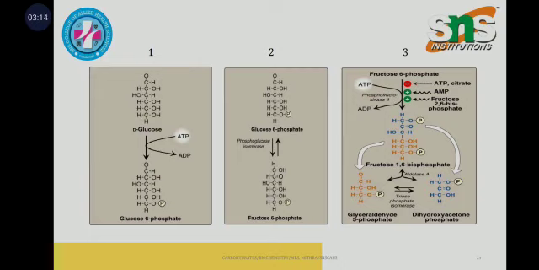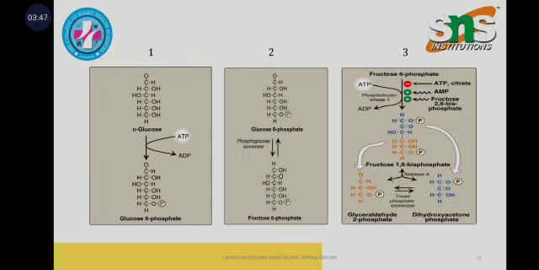First, glucose is converted into glucose 6-phosphate by the action of the enzyme hexokinase, where ATP is converted into ADP. In the next step, with the help of phosphoglucose isomerase, glucose 6-phosphate is converted into fructose 6-phosphate, and fructose 6-phosphate, with the help of the enzyme phosphofructokinase, is converted into fructose 1,6-bisphosphate.